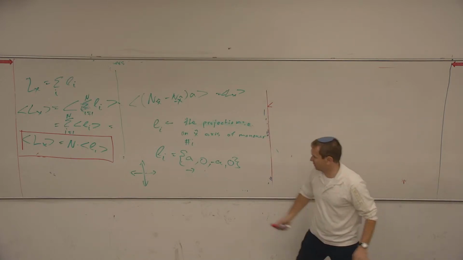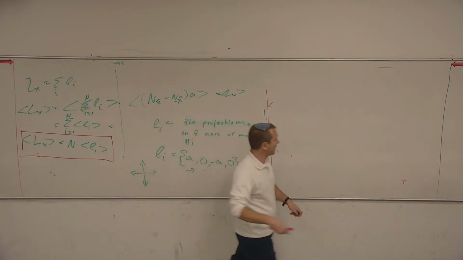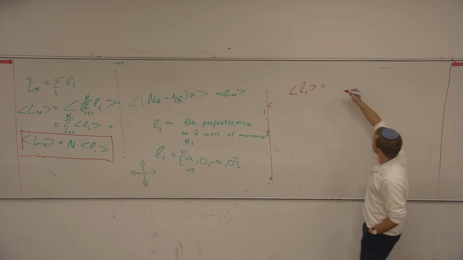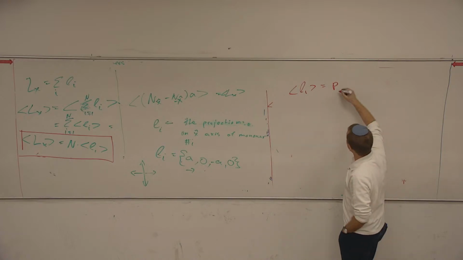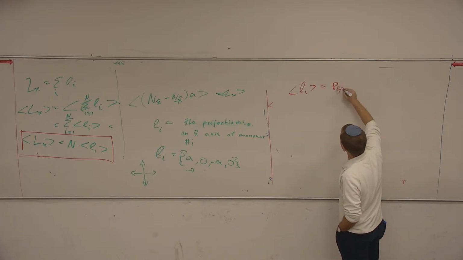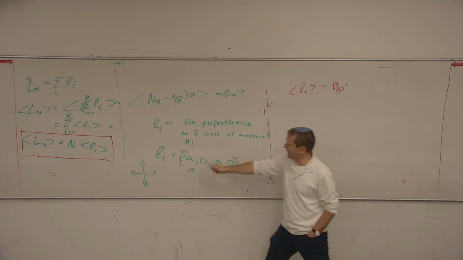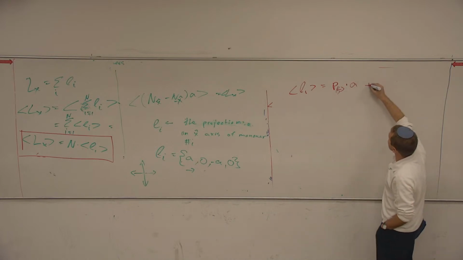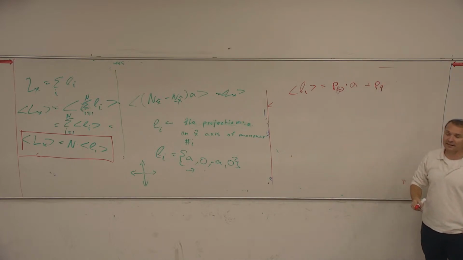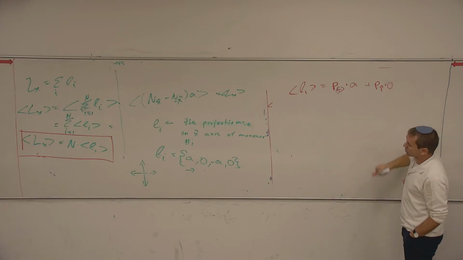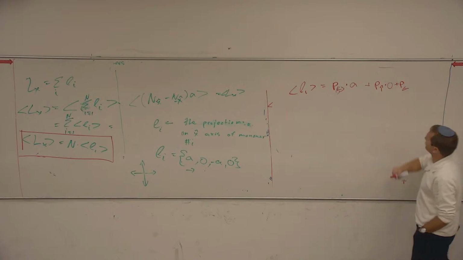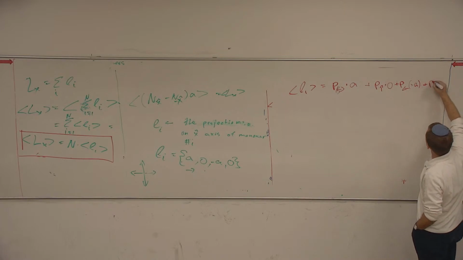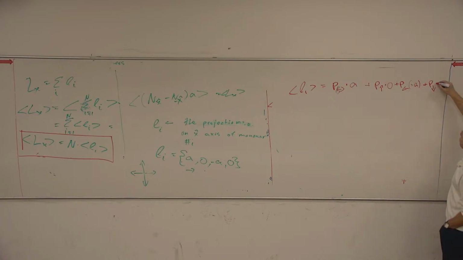Great. This is the last step. What is L1? L1 average is the probability of the particle to be in the forward state multiplied by A, plus the probability of being in the upward state multiplied by 0, plus the probability of being in the left-hand state multiplied by minus A, and the probability to be in the down state multiplied by 0.